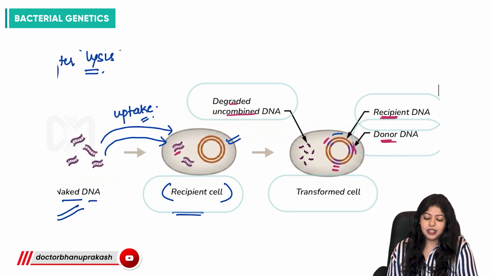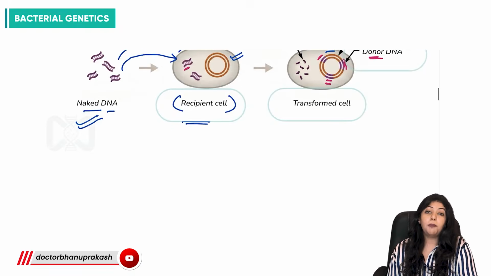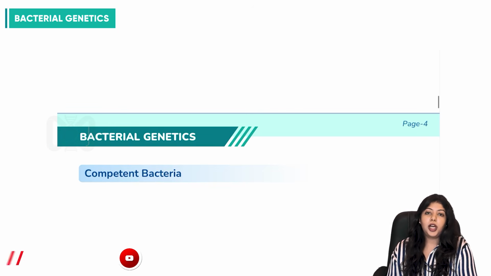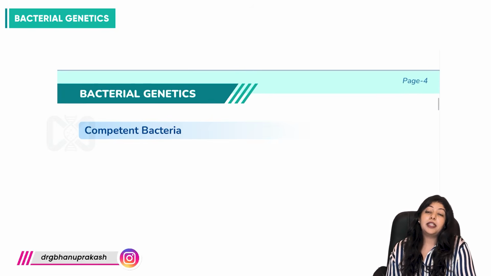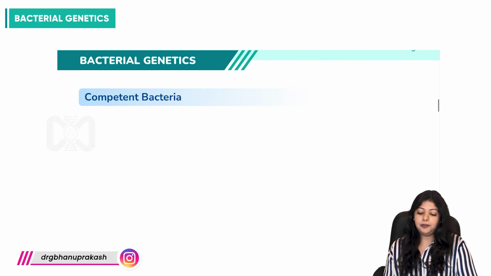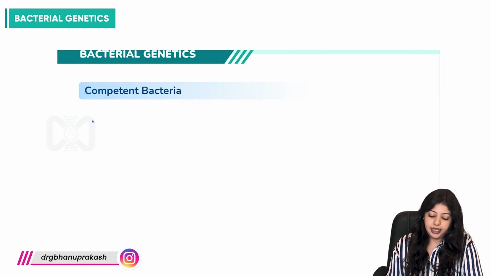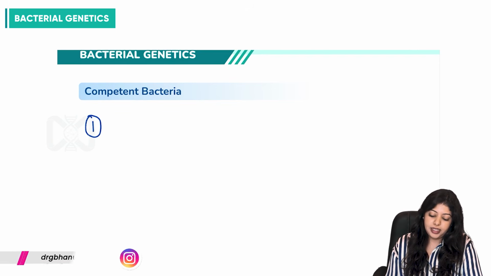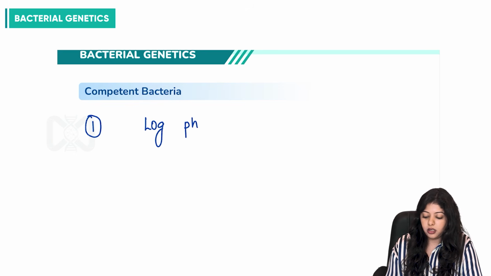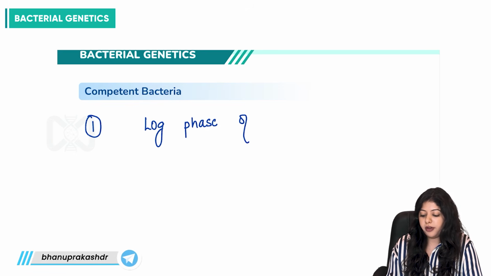Now, we have been saying that certain competent bacteria very easily take up this naked free DNA. So what makes these bacteria competent? Firstly, these are bacteria which are in their log phase of multiplication.